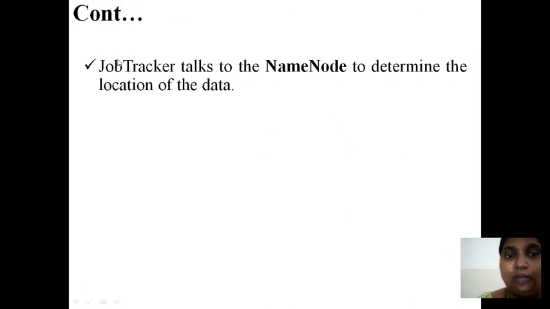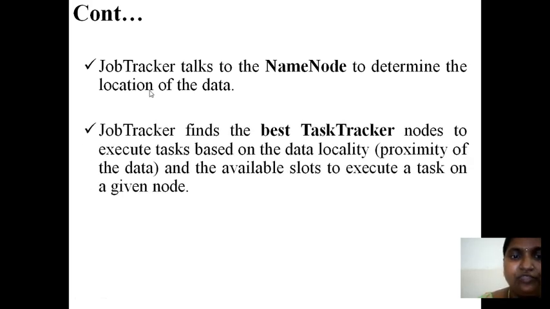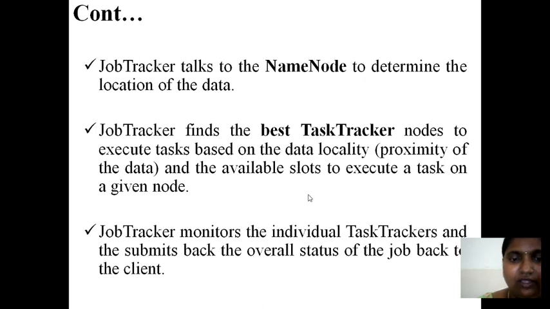The job tracker talks to the name node to determine the location of the data, finds the best task tracker to execute it, and monitors individual task trackers. It submits the overall status of the job back to the client. That is the work of the job tracker.